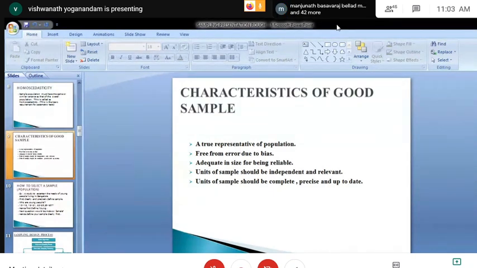So when you have a good size of sample, then your sample will be reliable, and units of the sample should be independent and relevant. That is, no intermixing of sample units between samples, and units of the sample should be complete, precise and up to date.